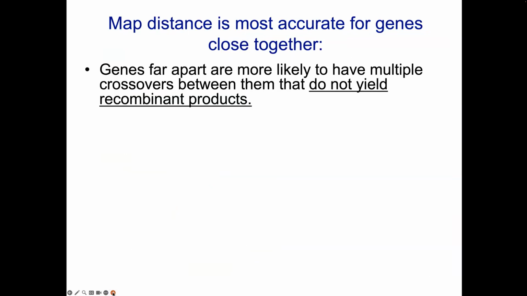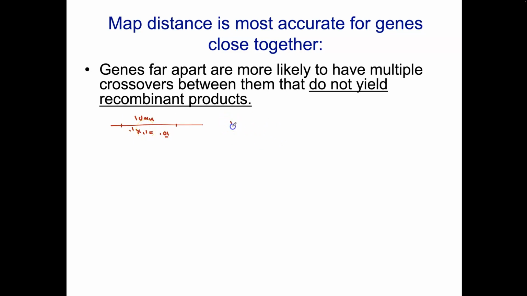Okay, so the map distance, when you're actually doing linkage maps like this, is most accurate when you have genes that are really close together. If you have genes that are really far apart, say 10 map units apart, then there's a 0.1 times 0.1, or 0.01, so a 1% chance of getting 2 crossovers between them.